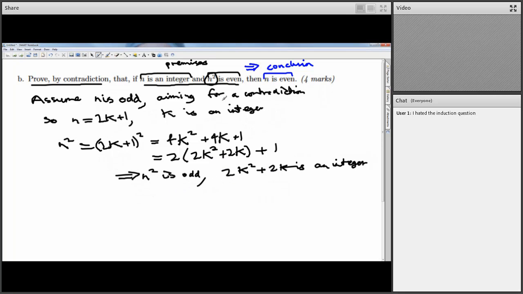Now you can see we've got n squared is even as our premise, but we've just concluded n squared is odd. So this contradicts n squared is even. And then that gets the contradiction effectively. So it's good just to make it clear. So we have a contradiction.